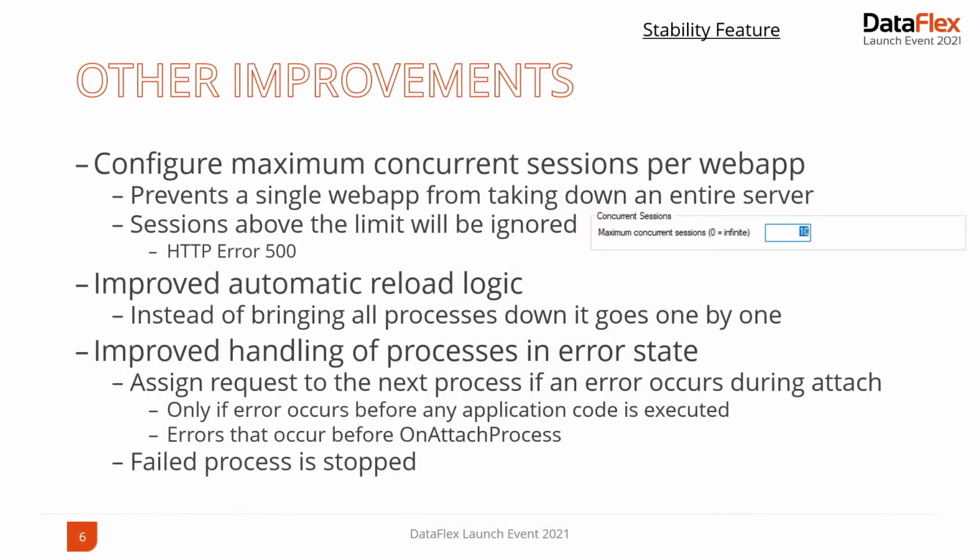And the last thing that we did is we improved the logic for when an attach to a process fails. When a request comes into the WebApp server, it's going to assign this request to a specific process. When an error happens while this is done, the attach fails. And what it used to do is send back an error to the client. But usually this error is caused by something that went wrong before the request came in.